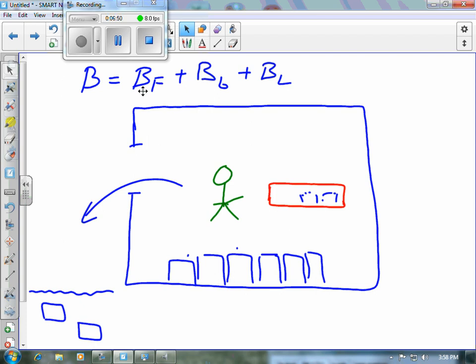So he lights a match, and he lights a block on fire, and the block gets burned up.